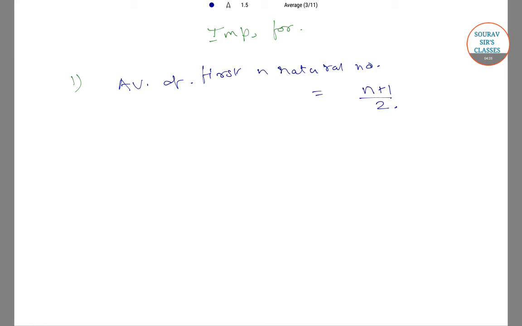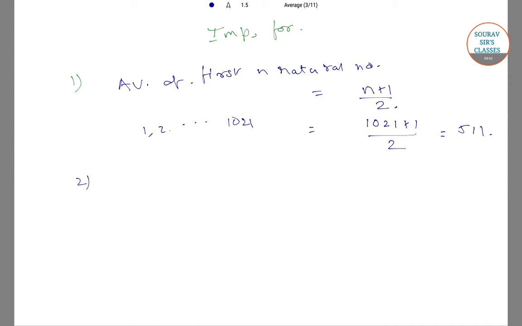That is, the average of 1, 2, so on till 1021 is equal to 1021 plus 1 by 2, which is equal to 511.